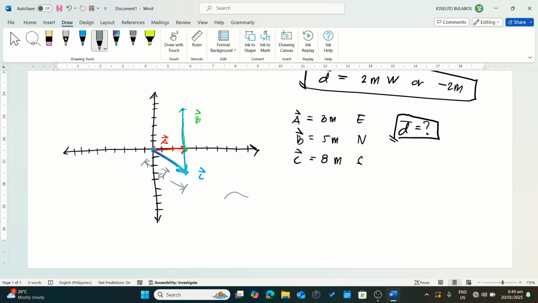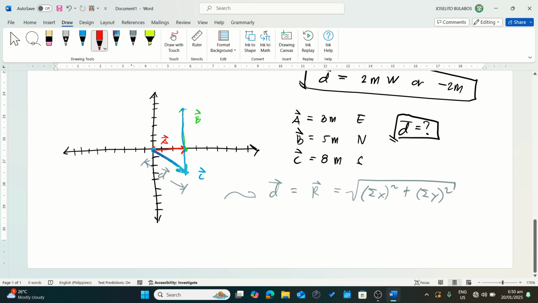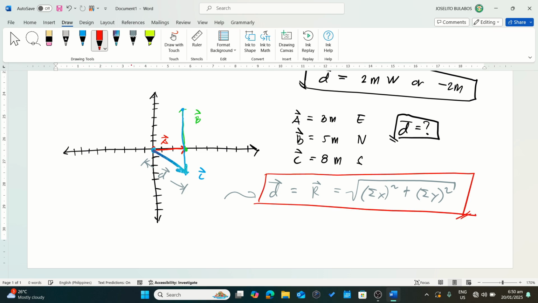It can be solved using the resultant vector. So in finding the displacement, that is actually equivalent to r, which will be the square root of the sum of x squared, if you could still remember this formula, plus the sum of y squared. I have a video of this one. Just look in the playlist and you could get the resultant vector.